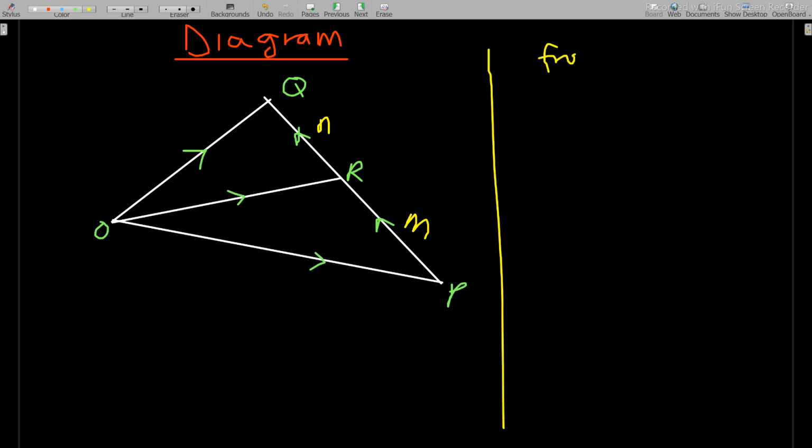From the diagram, or from the triangle, anyhow you want to put it, what can we see?